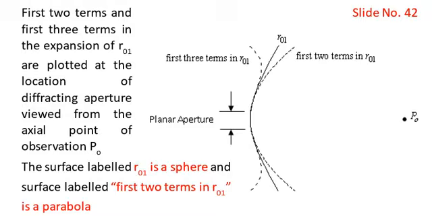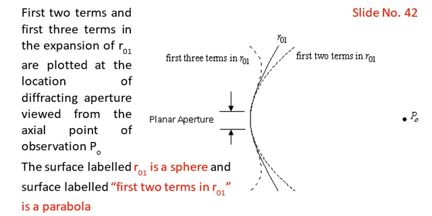So this is the first 2 terms in the expansion of R01. And we have also shown a planar region just against the point P0 located on the z-axis. About the z-axis, which is passing through the center of this planar region, you can see that this small width is the width of the planar region, or we can say a planar aperture.